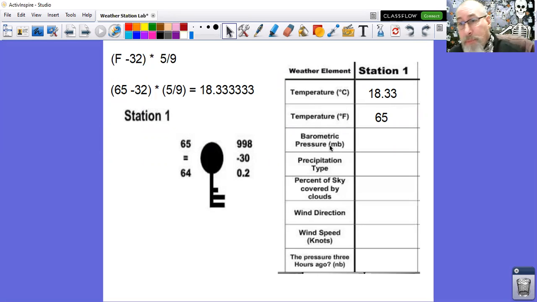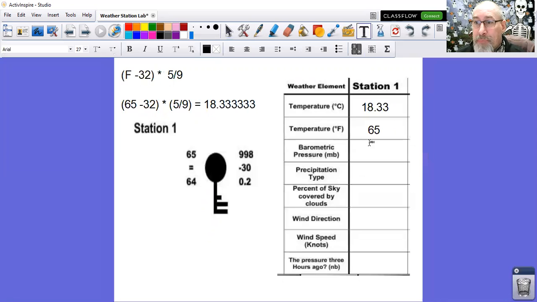All right, barometric pressure. So here we have our barometric pressure code, 998. So I'm going to put my 998. I know that right off the bat, that 8 is a tenths place, so I'm going to put my decimal point. And now my rules.